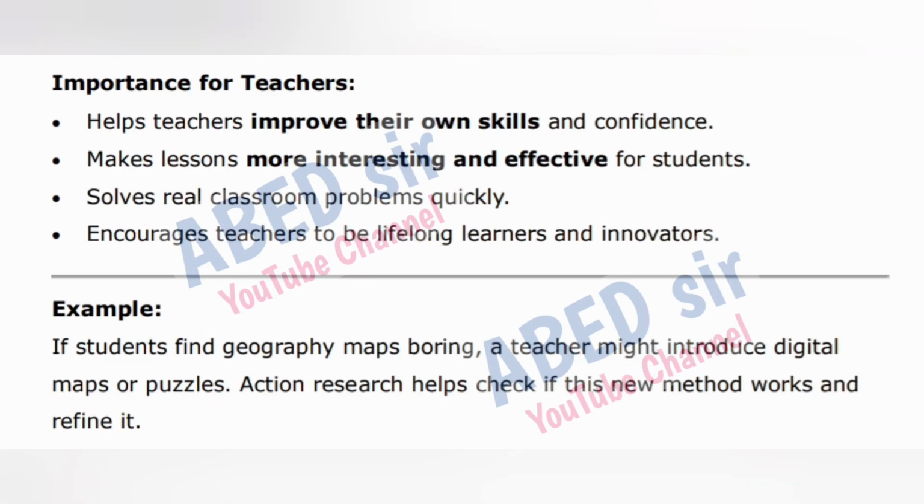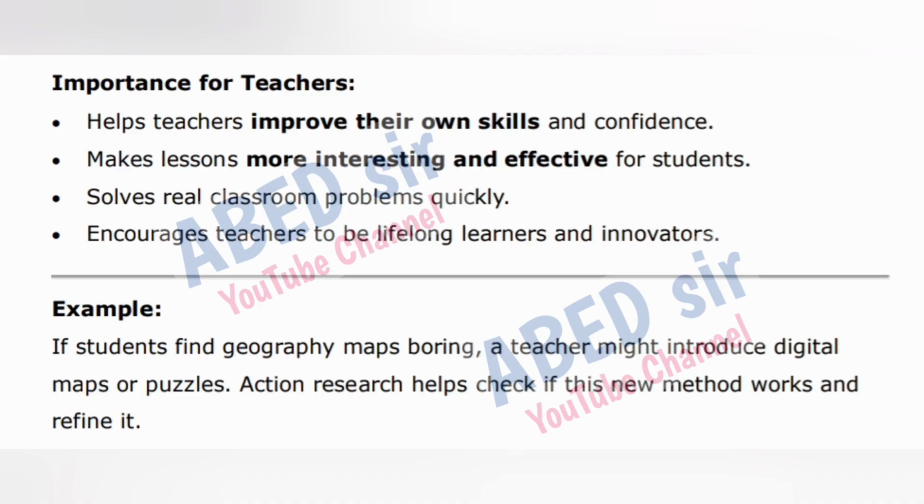Importance for teachers. Helps teachers improve their own skills and confidence. Makes lessons more interesting and effective for students. Solves real classroom problems quickly. Encourages teachers to be lifelong learners and innovators. Example.